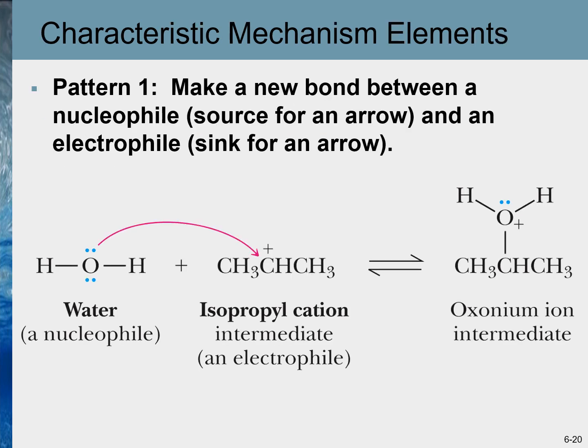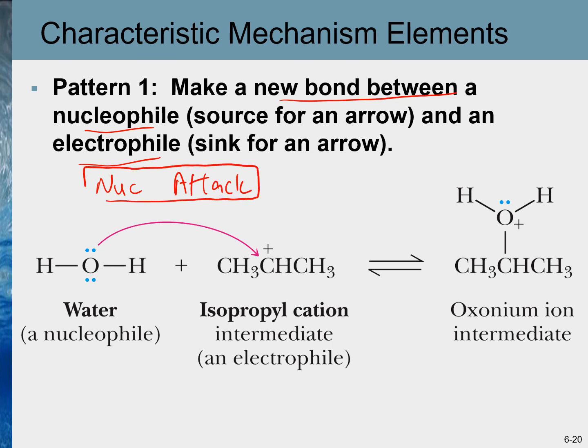Pattern 1 is the movement of electrons such that a new bond is formed between a nucleophile and an electrophile. In other words, in this pattern, a sigma bond will be generated between an electron source and a sink. I also call this pattern a nuke attack because it sounds cool. It is an attack by a nucleophile.